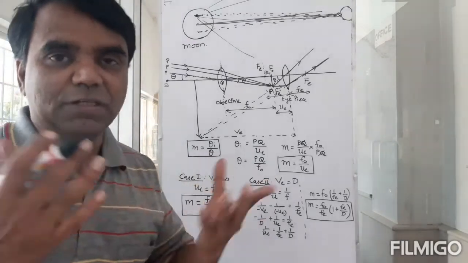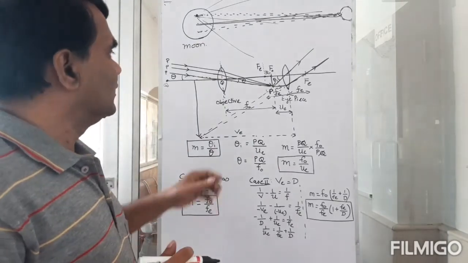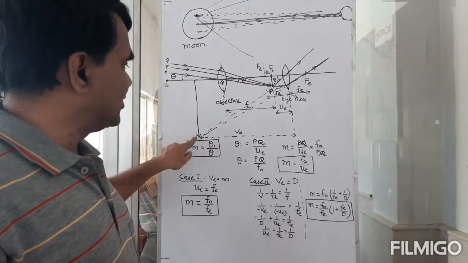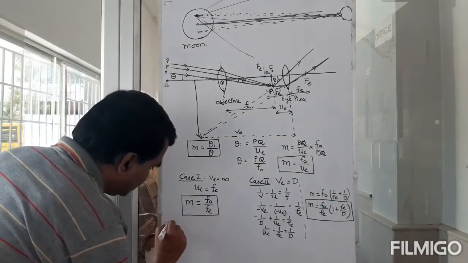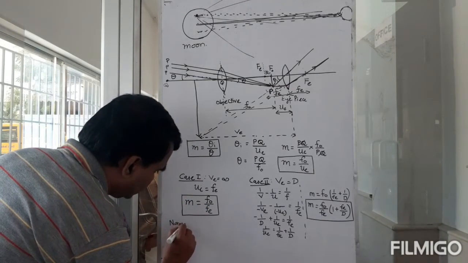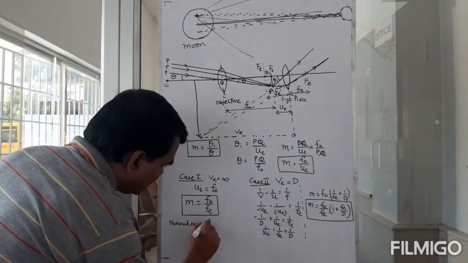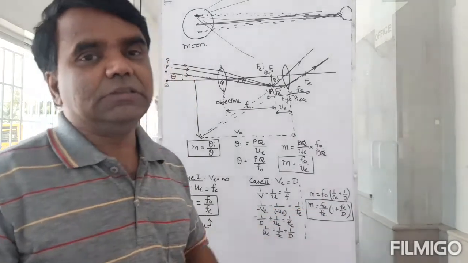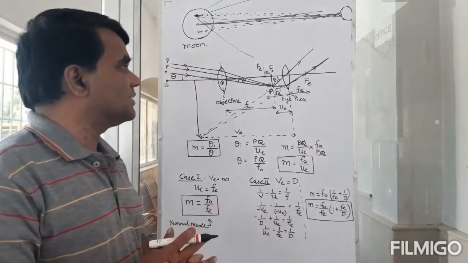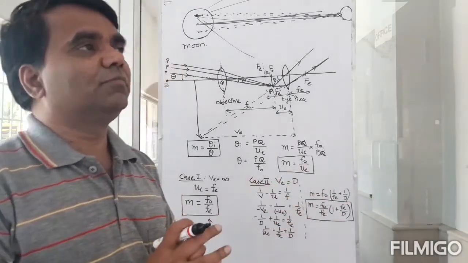So for the normal operations, the normal mode, then you would want the image to be formed at infinity. So for the normal mode, non-adjustment mode, then this would be the magnification, and this is going to be the maximum magnification. And see, this won't vary much. I'll tell you why.